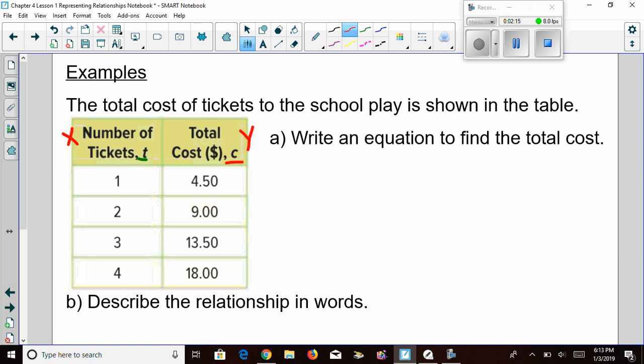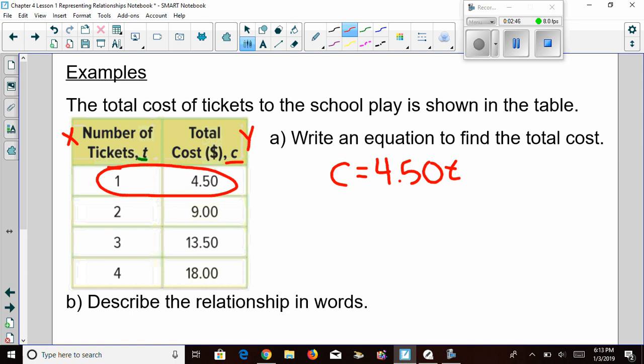So let's first start by writing an equation for the total cost. When looking at this, we know that the total cost is going to be equal to 4.50 times T. And I know that because we know the price of 1 ticket.